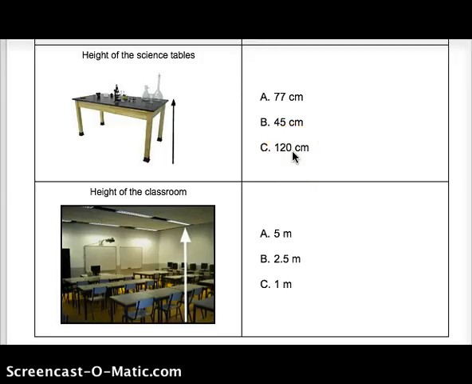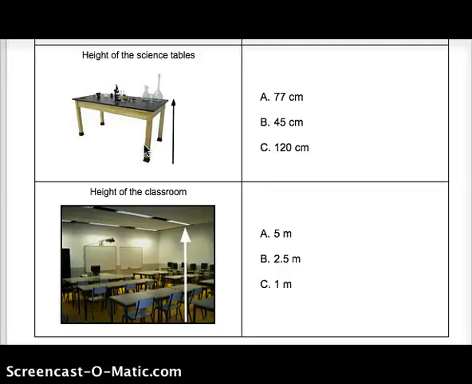Think about what we used to practice the size of a centimeter when we were estimating, and try to guess the best estimation for the height of your science table. Press pause to do this, press play when you're done.